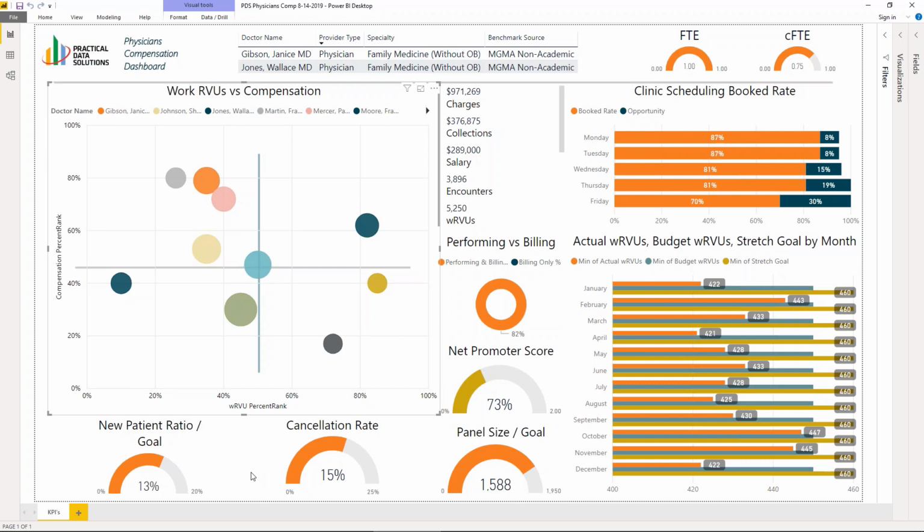So you can see in this particular report, they're looking at metrics like scheduling utilization, how much of their template is being utilized. They're looking at things like new patient ratios and comparing it to a goal, cancellation rates, really trying to help drive patient access through the way that they compensate their providers. And that's because of the level of importance that we've attached to patient access right now within the industry. It's very much a competitive issue that's going on right now.